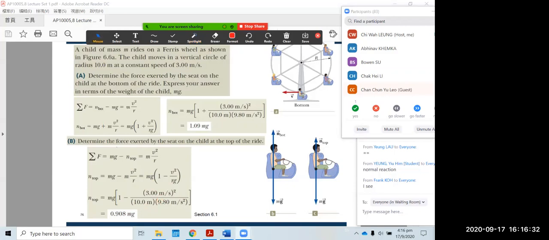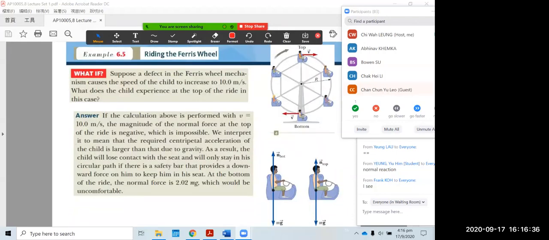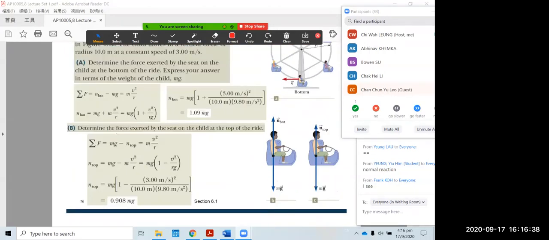At a certain point, if v squared is larger than rg, then we would expect N top to be 0. That is dangerous, because the boy would feel weightlessness, just like he is free falling. So it would be very dangerous if the speed of the circular motion is high.